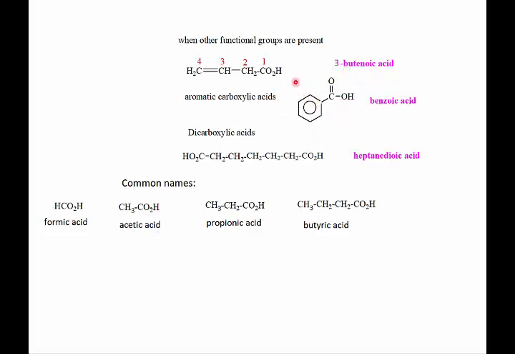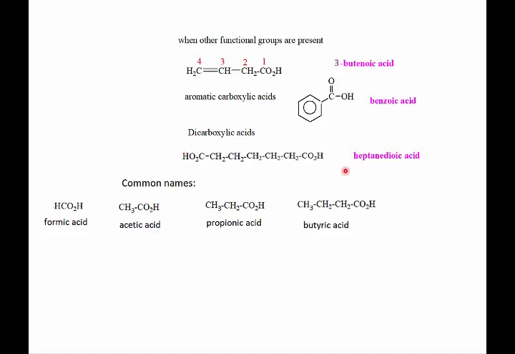If you had substituents, then of course, you know how to name those kinds of compounds. You saw that in Chapter 18. And another important subfamily of carboxylic acids are so-called dicarboxylic acids, where you have two carboxyl groups at opposite ends of a carbon chain.